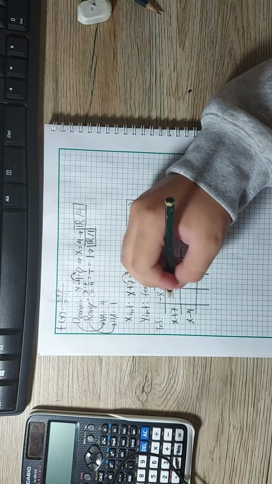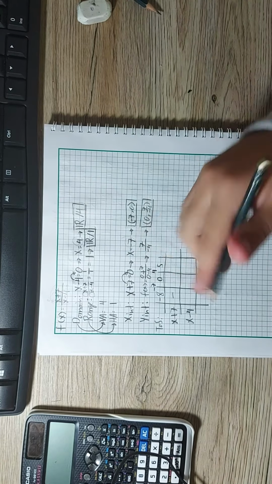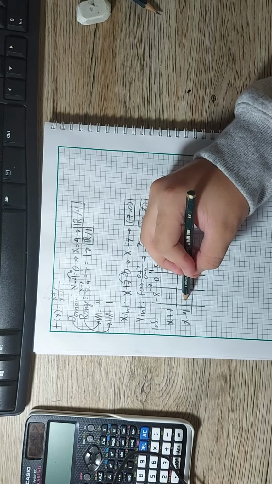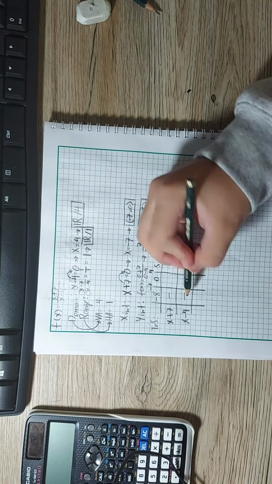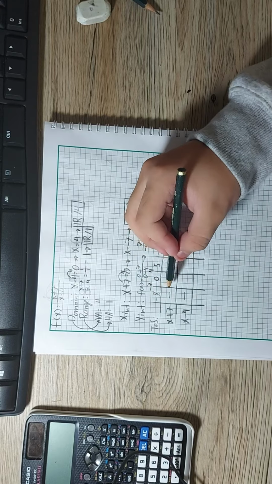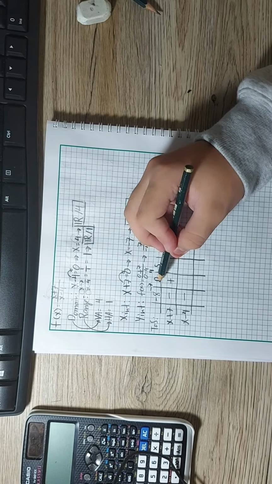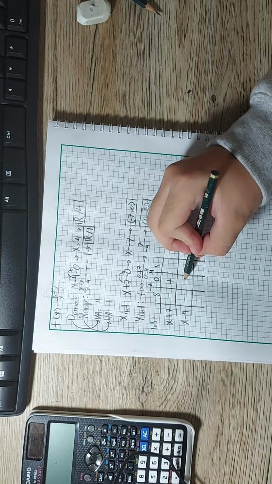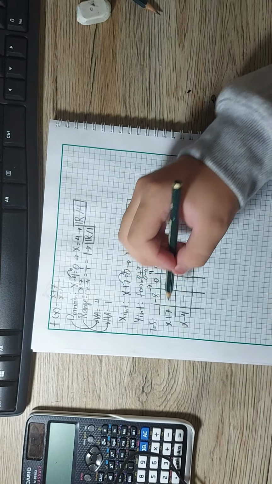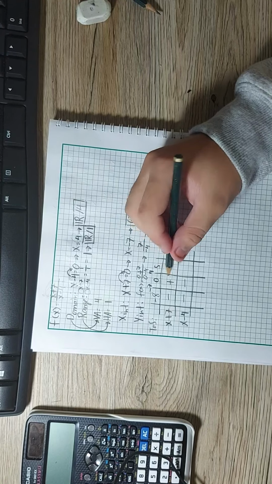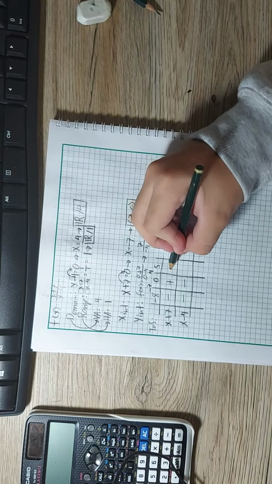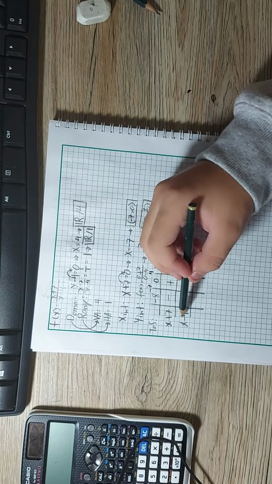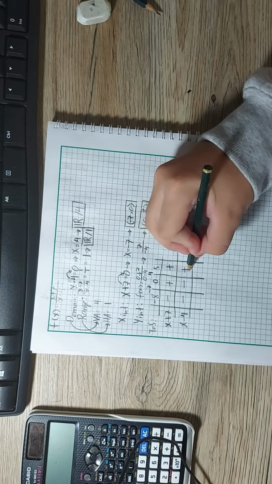Negative 8 minus 4 is negative 12, which is negative. 0 plus 7 is 7, which is positive. 0 minus 4 is negative 4, which is negative. 5 plus 7 is 12, which is positive. And 5 minus 4 is 1, which is positive.